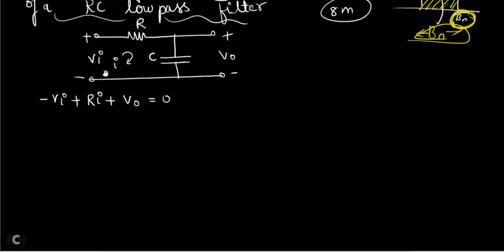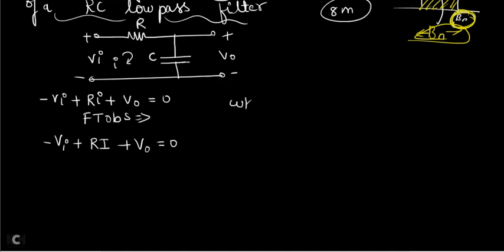This is the KVL I have applied. Now if you take Fourier transform on both sides, you will get capital Vi plus R into capital I plus capital V0 is equal to 0.